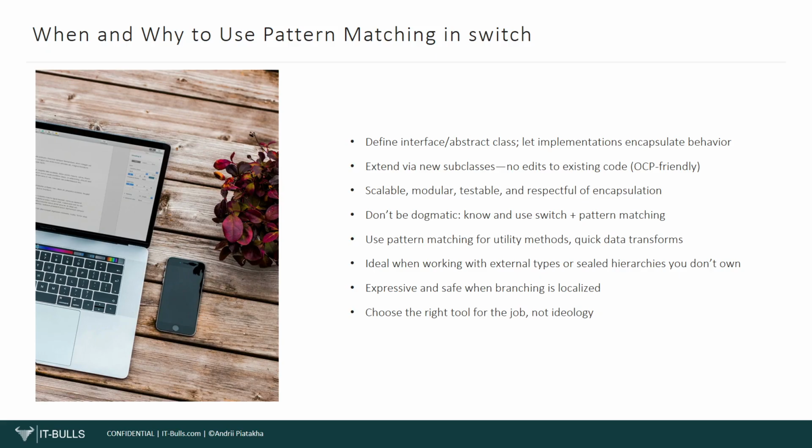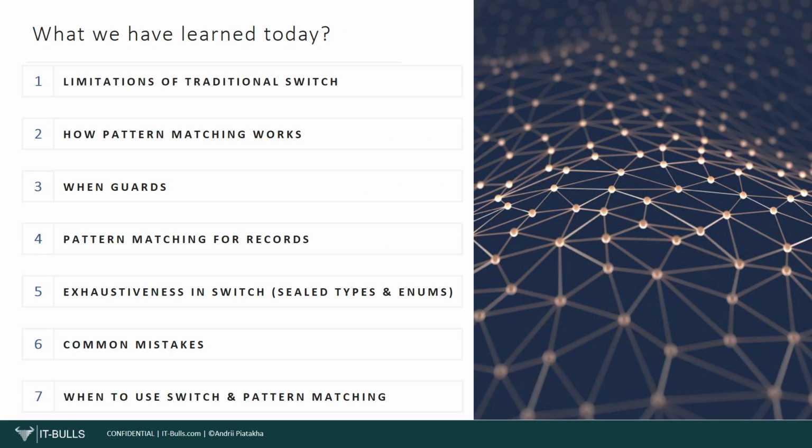Let's recap what we've learned today. We reviewed the limitations of traditional switch statements and how Java evolved to overcome them. You learned how pattern matching works in switch expressions, including matching by type and handling null safely. We explored the use of when guards to add conditional logic to cases.